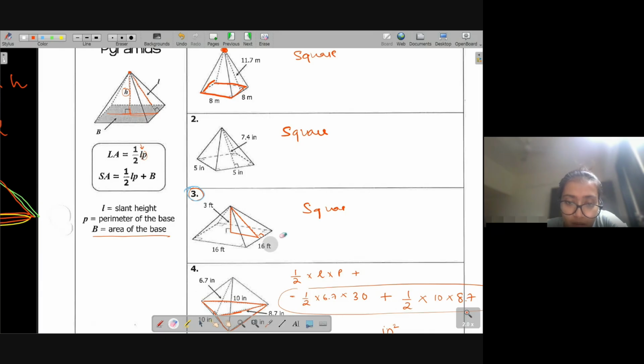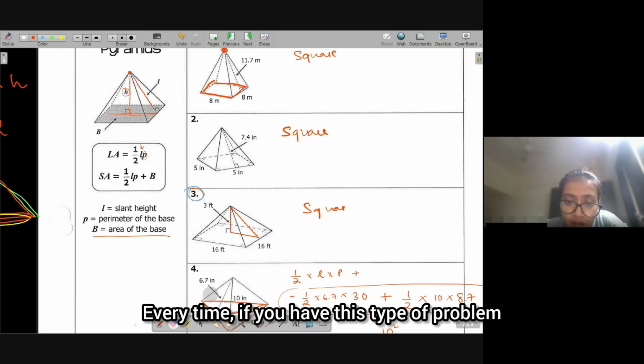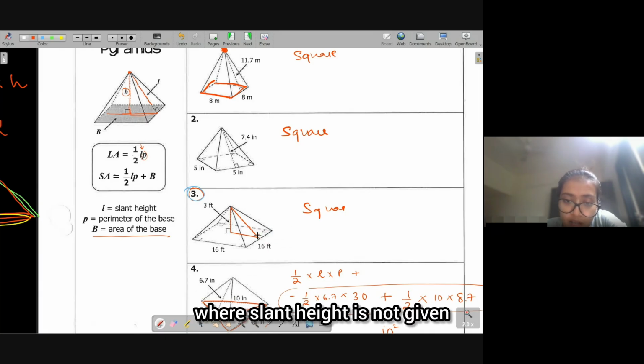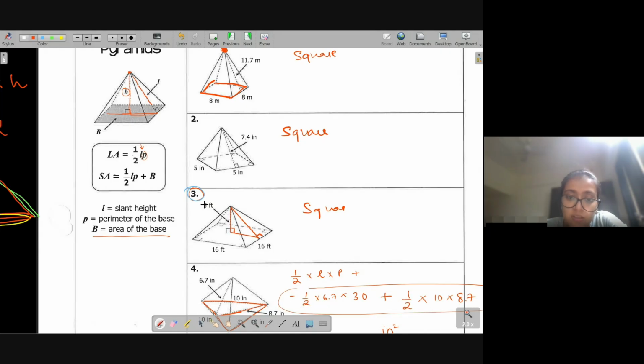Every time you have this type of problem where slant height is not given, the right triangle is this, and this is the right angle that you have to consider. Now you know that this is 3 feet, that's given.